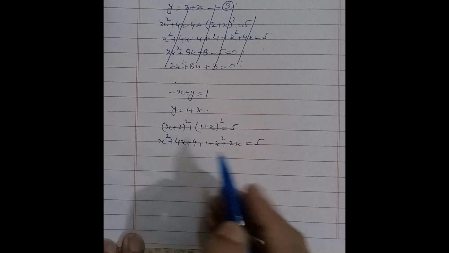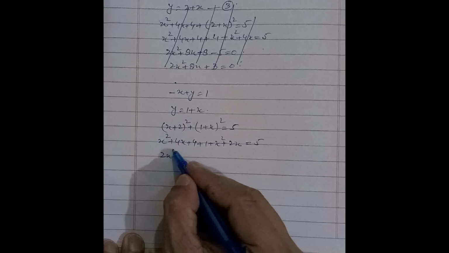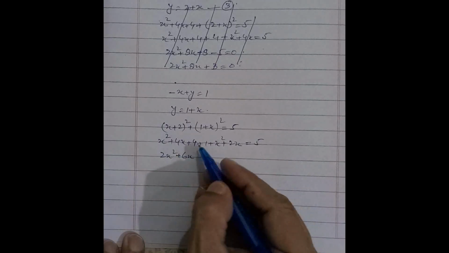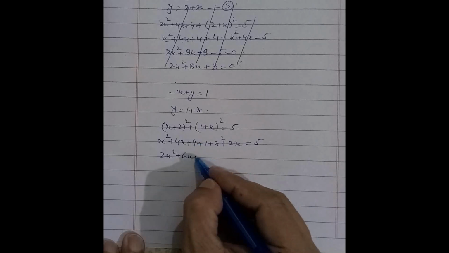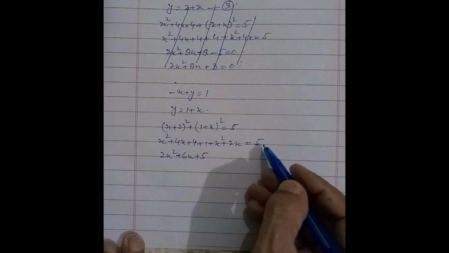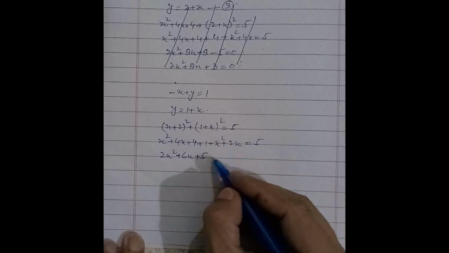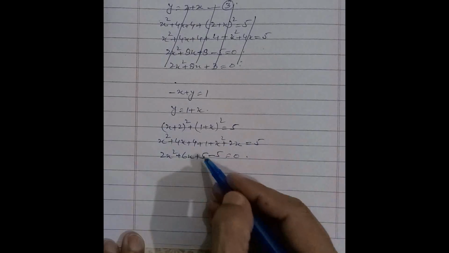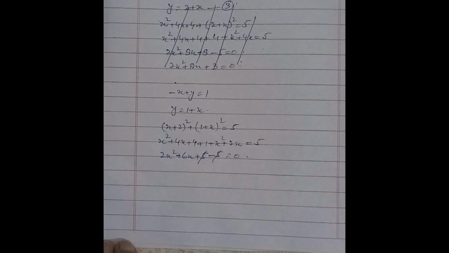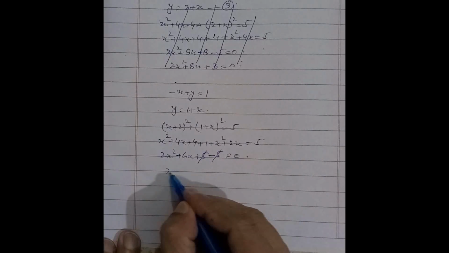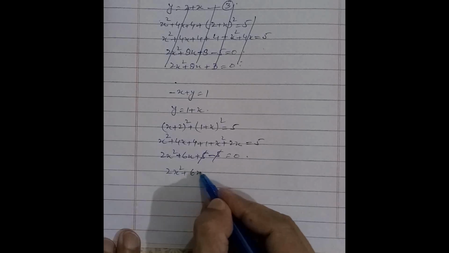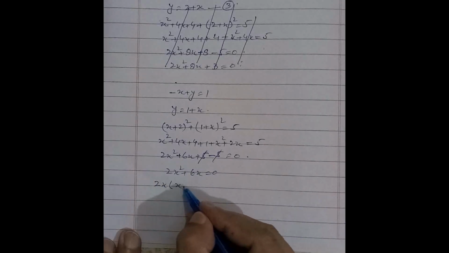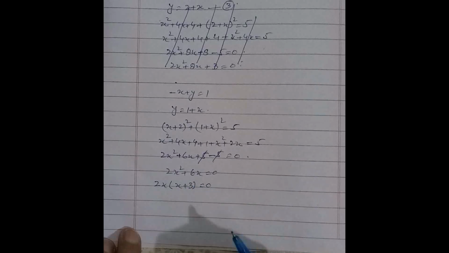Simplify it, x square plus x square, 2x square, 4x plus 2x, we get 6x, 4 plus 1 is equal to plus 5, and this 5 on the right side we shift to the left side, minus 5 is equal to 0. Minus 5 cancels with plus 5. The values we get, 2x square plus 6x is equal to 0. Take common 2x. The other factor is x plus 3 is equal to 0.